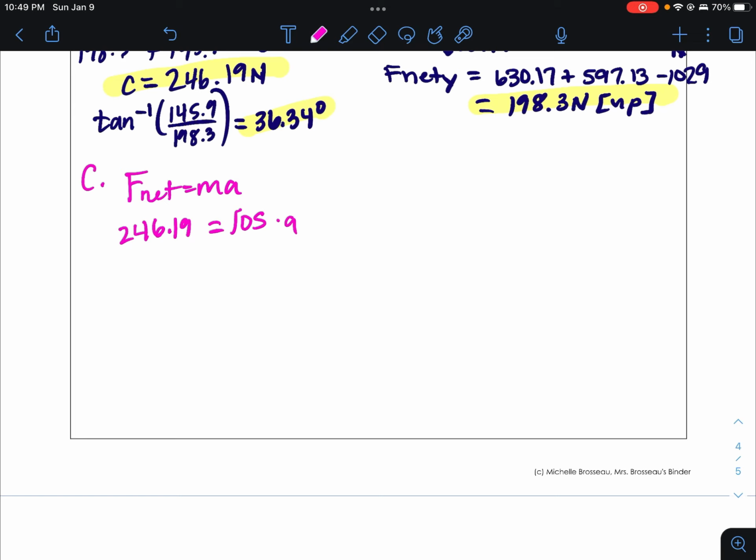So our A is equal to 2.34 meters per second squared.